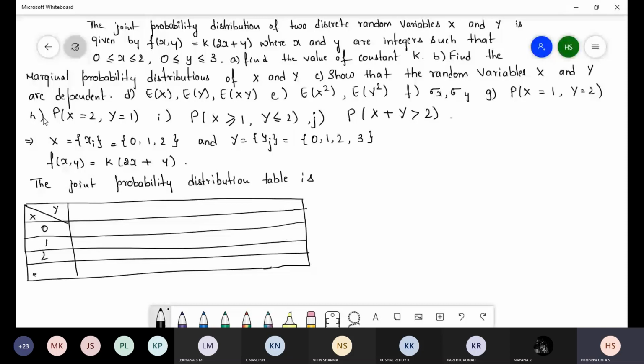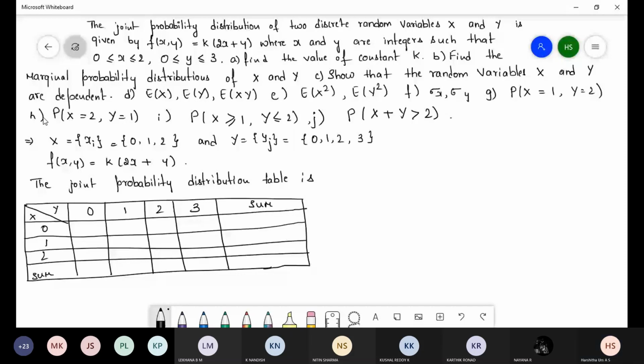Last line I write sum. Next, y values 0, 1, 2, 3. Here I write sum.